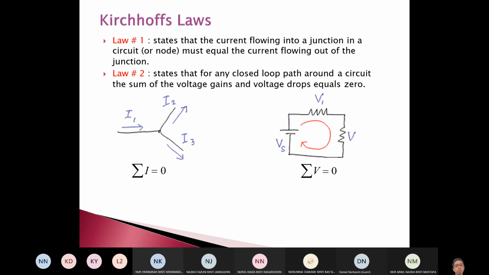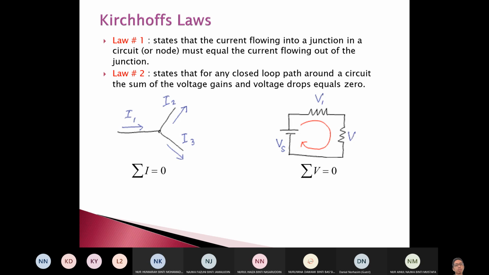Let's say we have a V source of 5 volt. After it meets here, it should drop. Let's say if you measure 2 volt here, then you should measure 3 volt here.